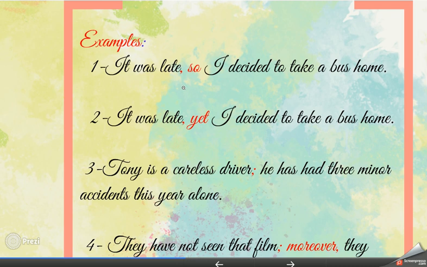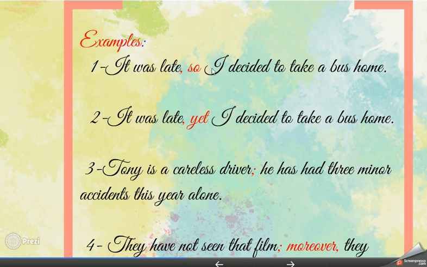It was late. Before I go further explaining the examples, it is very important to notice that the coordinating conjunction determines the meaning of the whole sentence, right? And remember, even though we have two independent clauses, this is still one sentence.